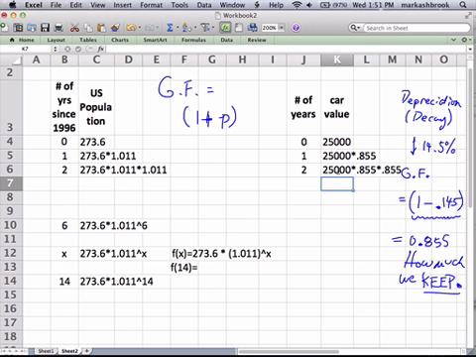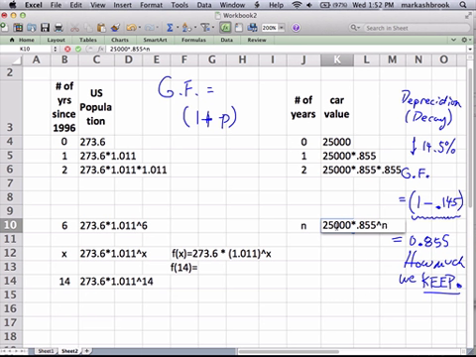Or, so that's the one way to think about it. Or the other thing is, every year, what happens? That means if we're keeping 85.5% every year, the percent change every year is going down 14.5%. So, after n years, you think about this, we would start at 25,000, and we would keep going through this process. It would be decaying exponentially. So after n years, what would the car be worth? 25,000 times?